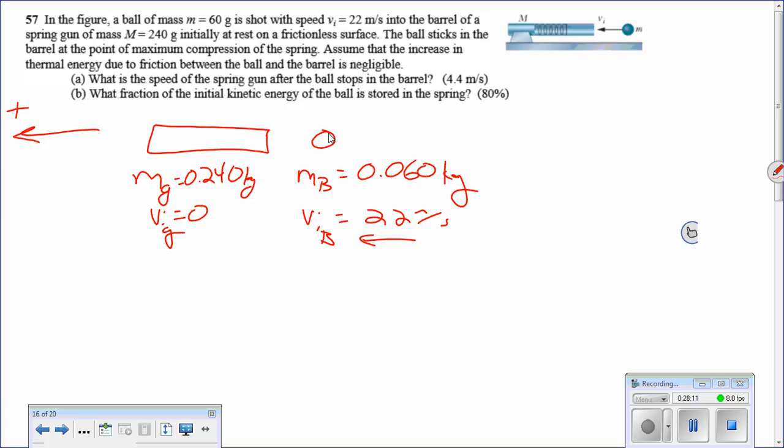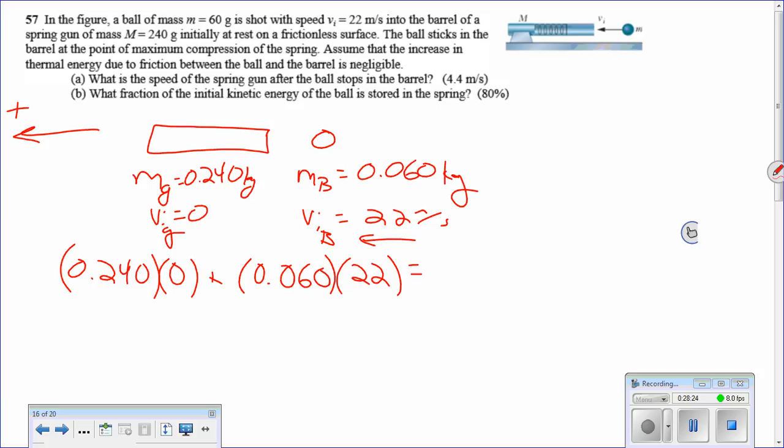And then it's an inelastic collision, right? So it's just 0.240 times 0 plus 0.060 times 22 equals this mass times the final velocity plus this mass times the same final velocity, because they're stuck together.